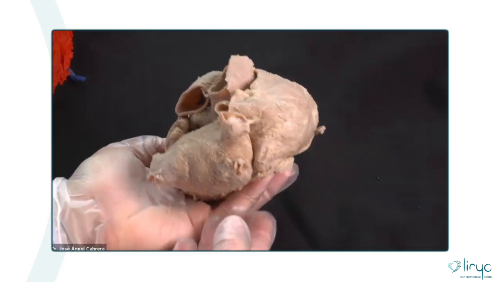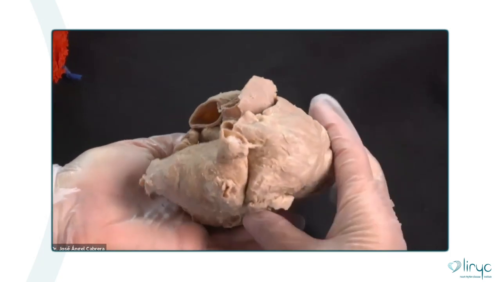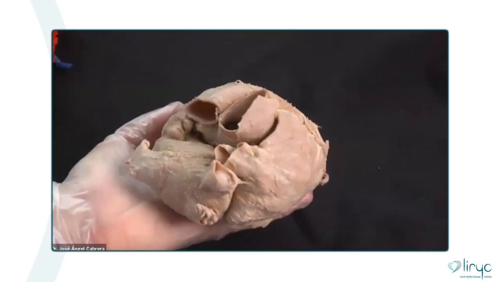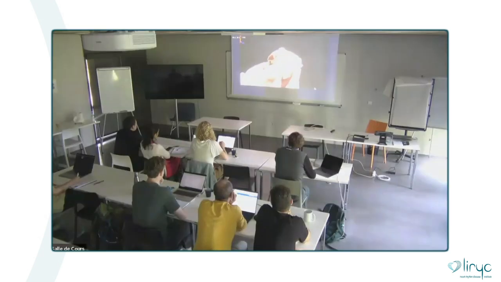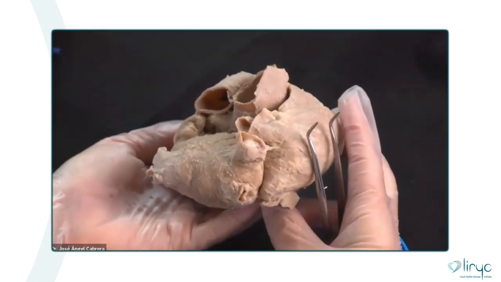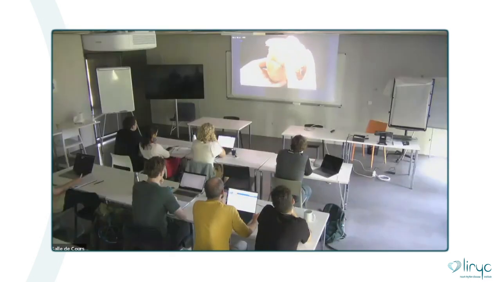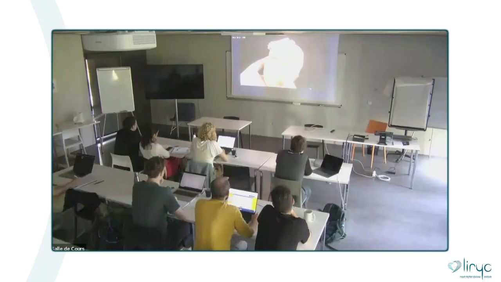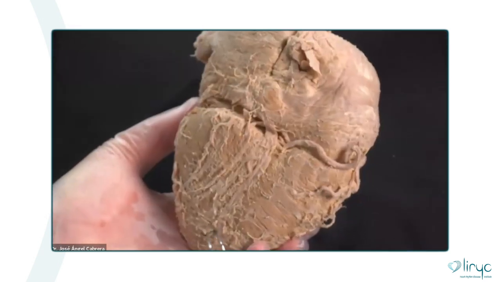What we usually use as posterior view of the heart is not posterior, this is the inferior or diaphragmatic view. This is very important because we usually use the term groove of the heart, and this is the so-called posterior interventricular groove.